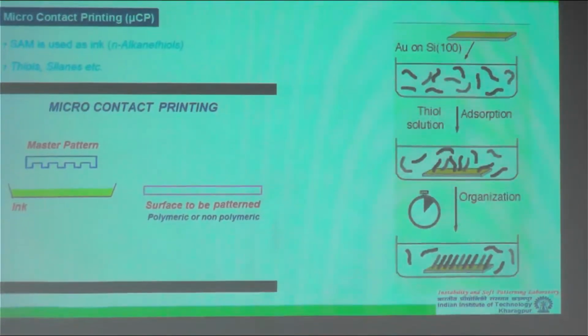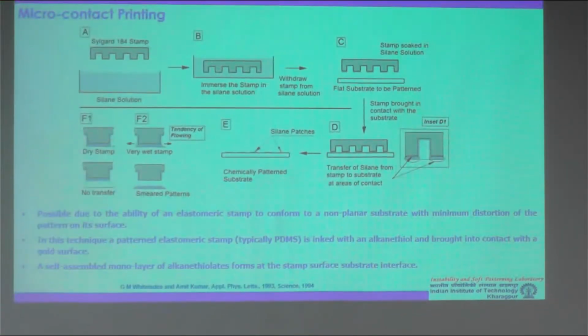Here what is happening is that as you take the stamp and put it in the solution, the stamp gets wet. So if you see carefully, there is actually the stamp, a thin layer of liquid surrounds the stamp.